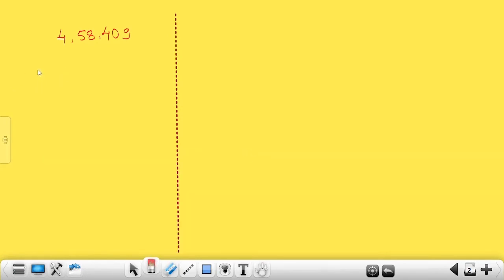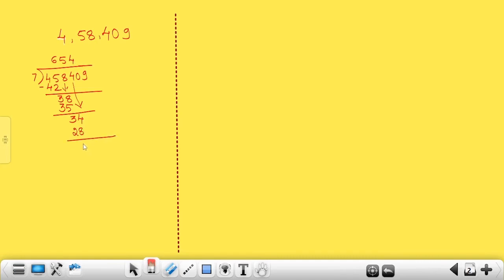How do we check that? By dividing the given number, 4,58,409, by 7 directly. 7 6s are 42. After subtracting we get 3. I take 8 down here. 7 5s are 35. We are left with 3. I take 4 down. 7 4s are 28.